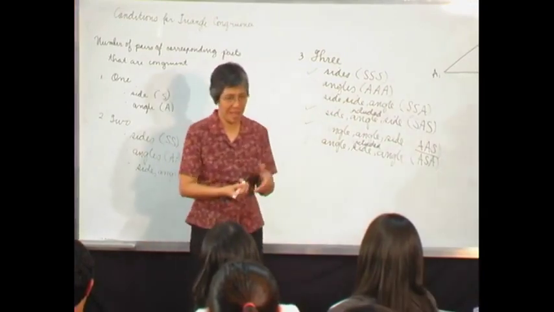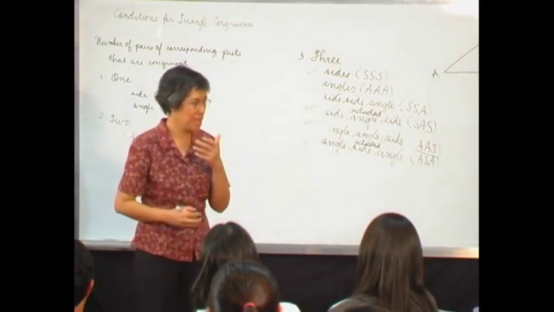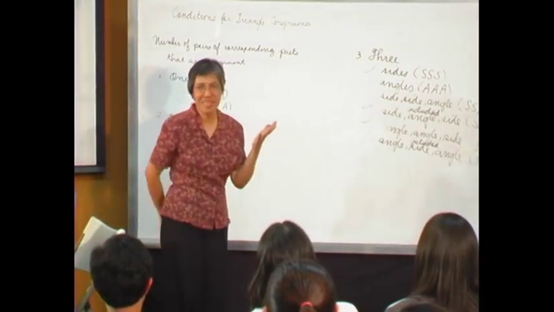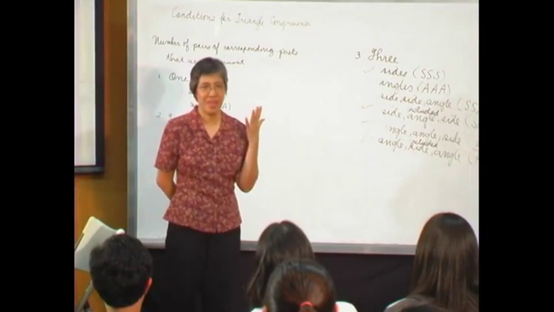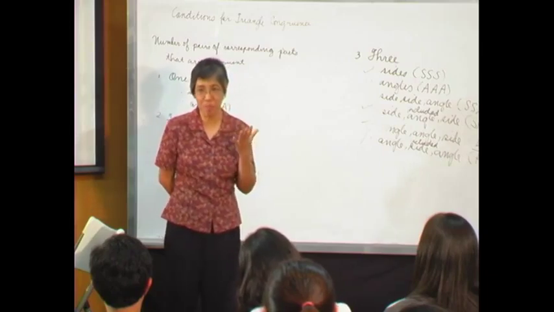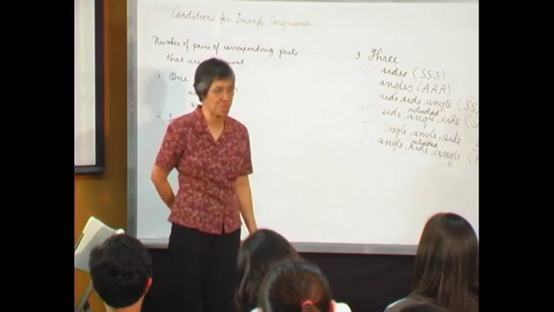And Angela also mentioned the word theorem. No? In geometry, when we say theorem, we have certain mathematical assertions that need to be proven before they are accepted as true.